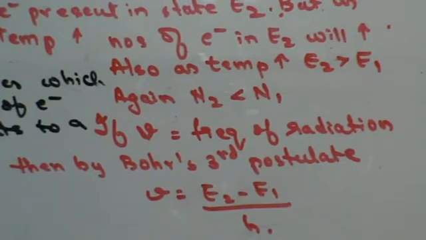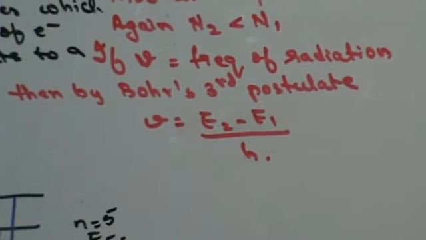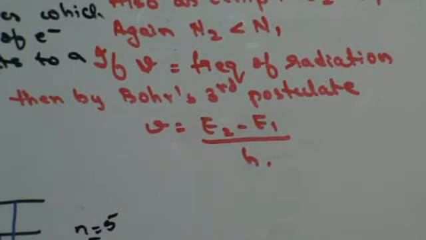That is, the frequency of radiation on an incident surface can be raised if I have more number of electrons in the higher energy level, or if there is a large difference between the higher energy level and the lower energy level, right?